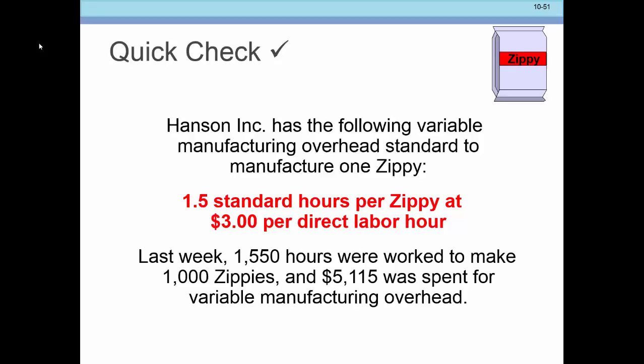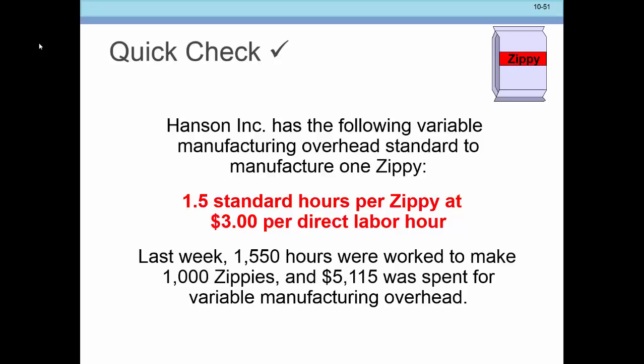Who wants to do the rate? Okay. So we want to start out with the actual hours, right?